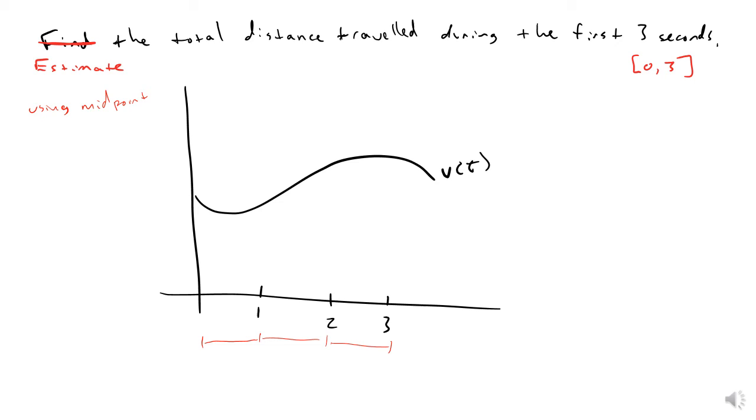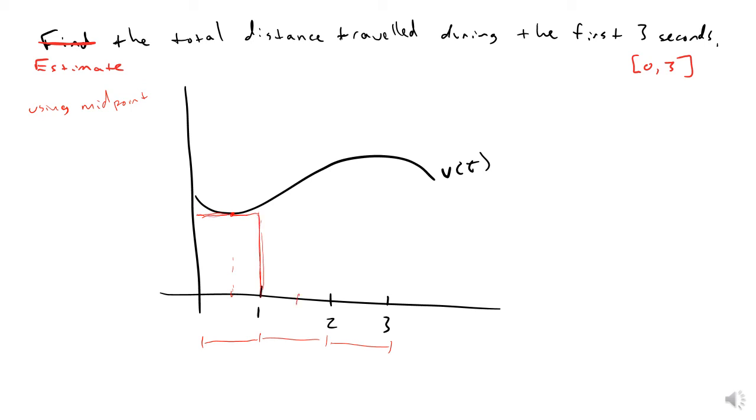So this first interval from 0 to 1, the midpoint would be at 1/2. I go from 1/2 and find where it hits the graph, and then draw my rectangle over that entire interval. All right, so my time interval from 0 to 1, here's my rectangle for that interval.